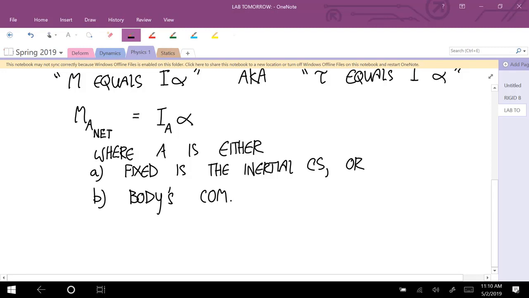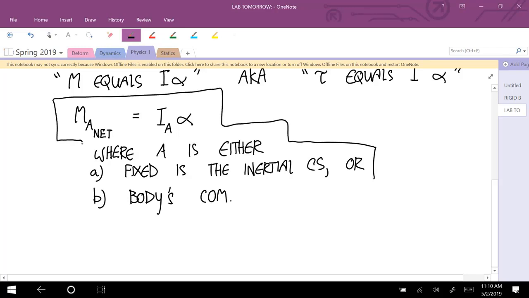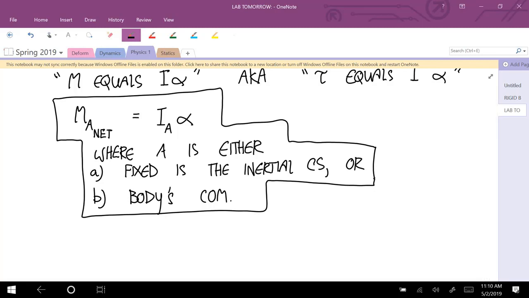Okay, so if the body has a point that's fixed in the coordinate system, then use that. It's easier to do the calculations. If it doesn't have a point fixed in the coordinate system, then you have to use the center of mass. And one thing I want you to know is I'm writing this as a scalar equation.